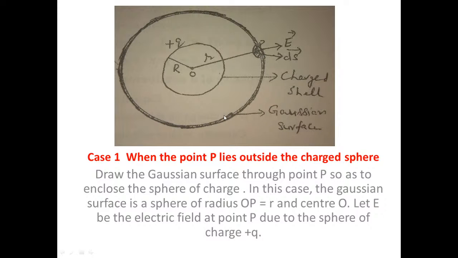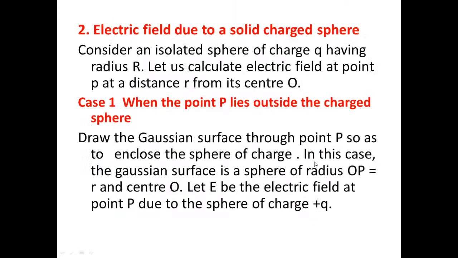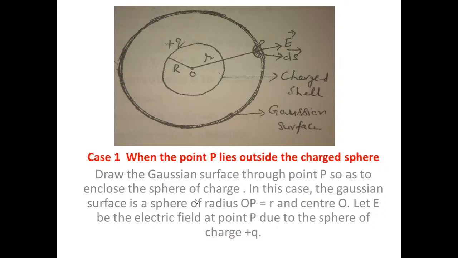First possibility is when the point P lies outside the sphere of charge. Second is when the point P lies on the sphere of charge, and third possibility is when the point P lies within the sphere of charge. So we will discuss each case one by one. Case 1, when the point P lies outside the charged sphere.